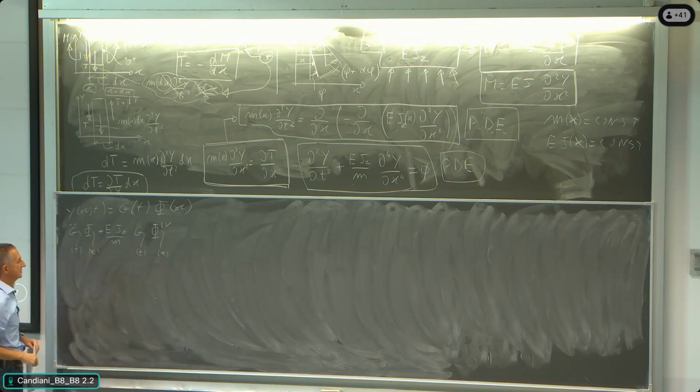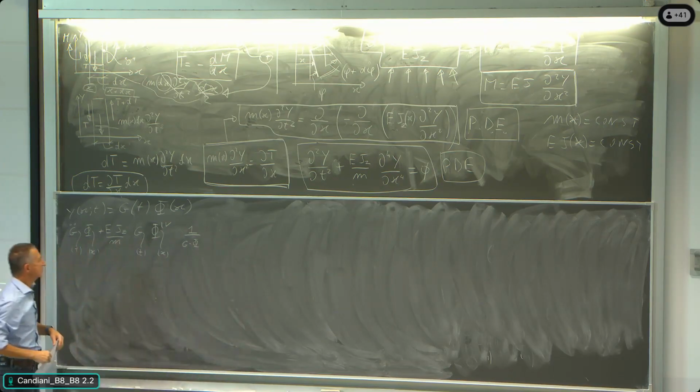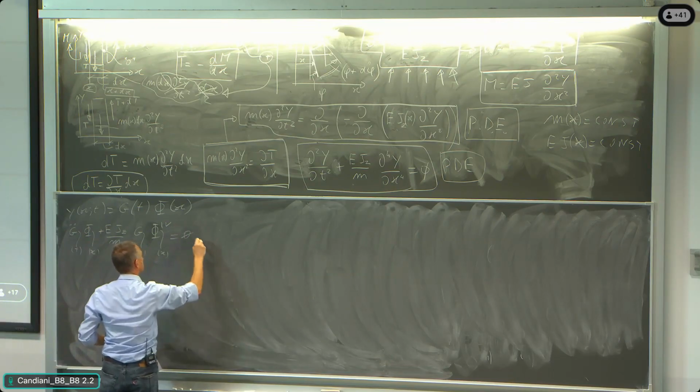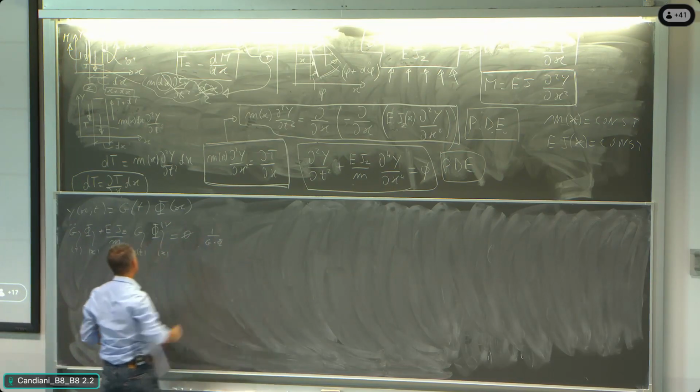All right? What I do? I divide everything by one over G times phi, all right? But I have to say that this is equal to 0. I divide everything by G times phi, okay?